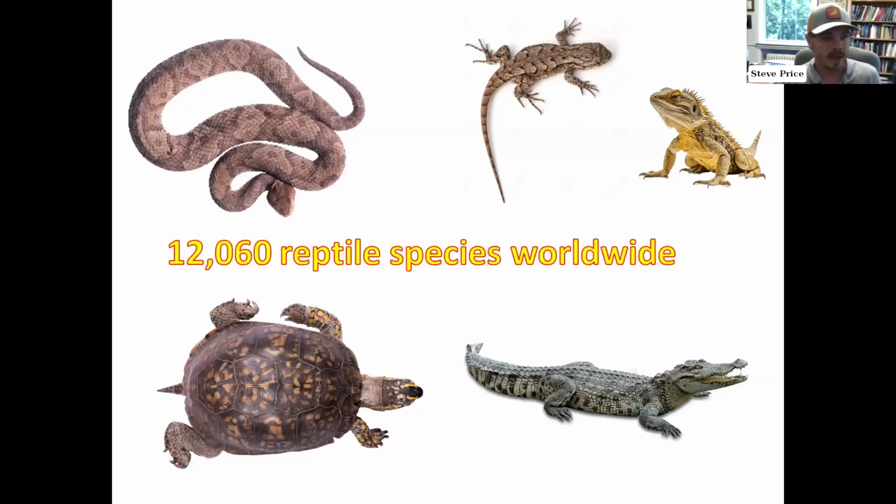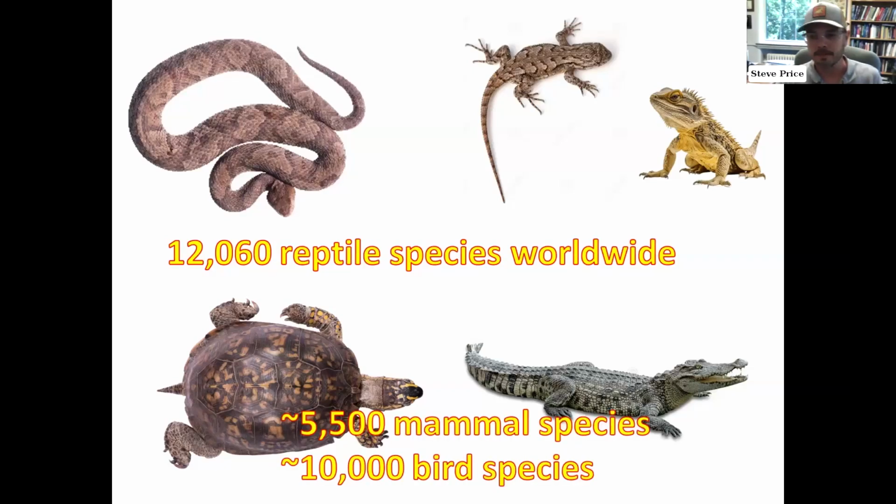There's over 12,000 different reptile species worldwide. And when we compare this with things like birds and mammals, we can see that amphibians and reptiles as a group outnumber birds and mammals. So there's a lot of diversity.